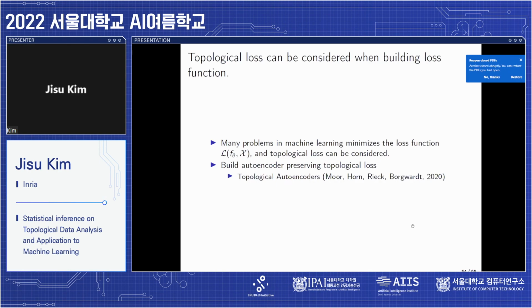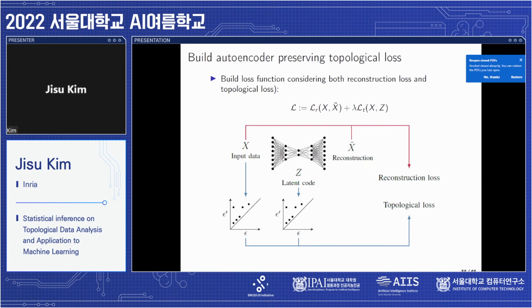Another thing is that you can consider topological terms when you build the loss function. For example, here is a typical autoencoder. You have input data, and then a deep learning layer structure like this.